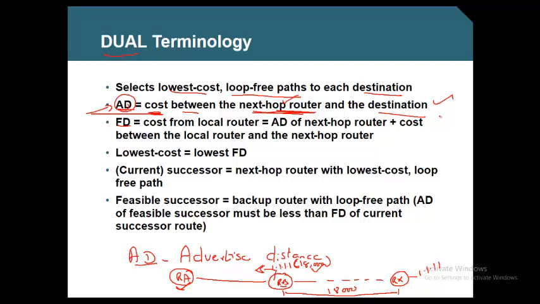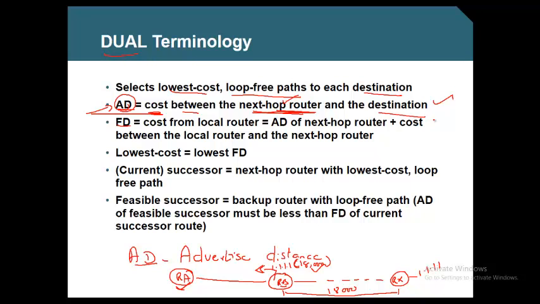Isn't it? So advertised distance is the metric for the next hop router to reach the destination. Am I right? Advertised distance is the metric for my next hop router to reach the destination.